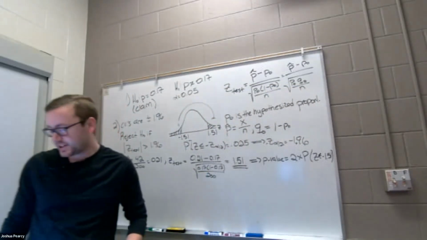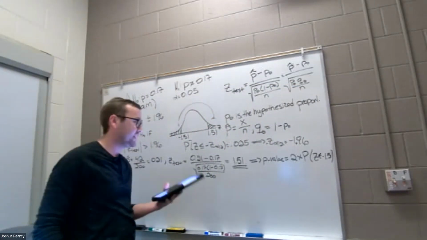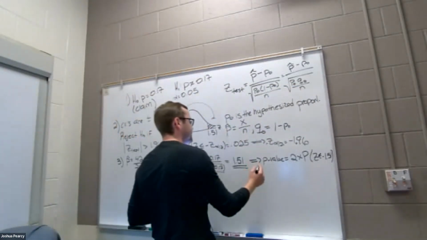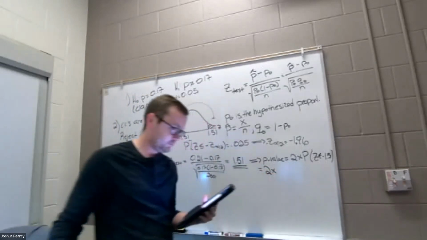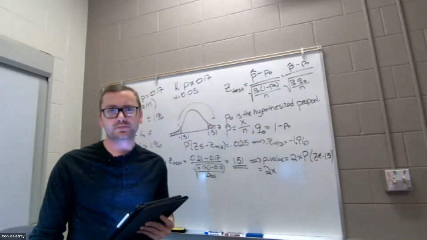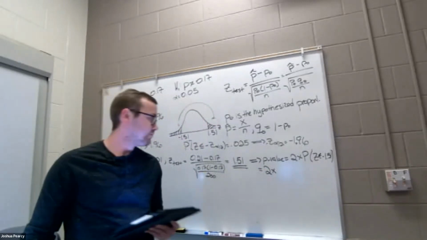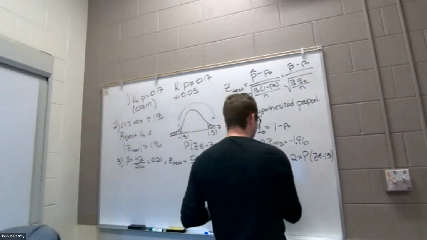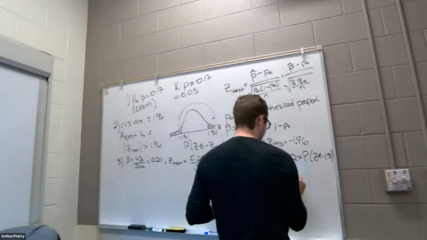What is that area in the table corresponding to the probability of z being less than negative 1.51? 0.0655.